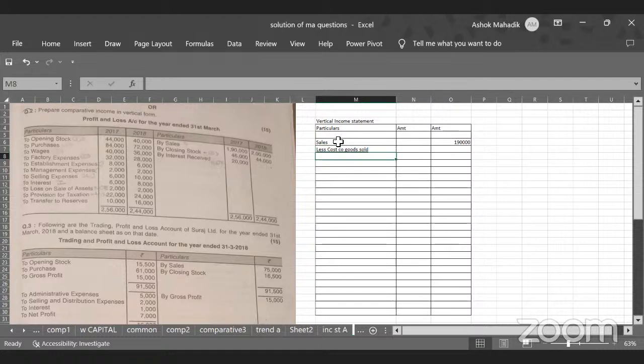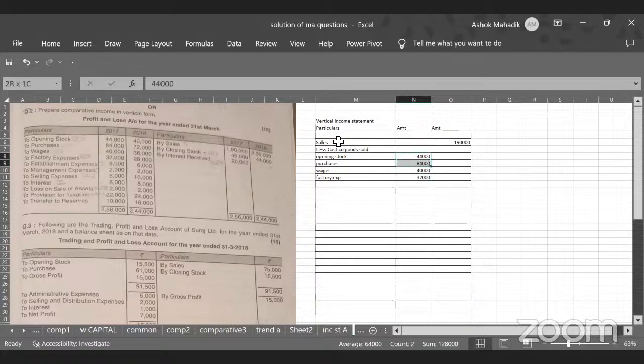So it will cover items like opening stock, 44,000, then purchases, 84,000, wages, 40,000, factory expenses, and other similar items like carriage inward, which relate to production activity.